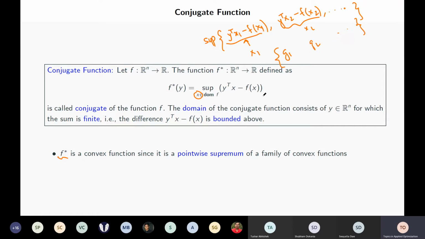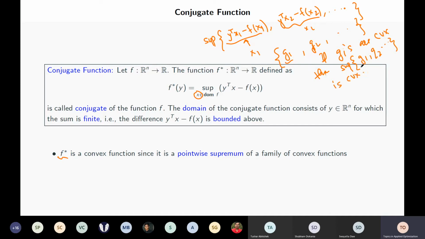This is the result that we have seen before: the supremum of convex functions is convex. If it happens that the g_i's are convex, then the supremum of these g1, g2, and so on is convex.